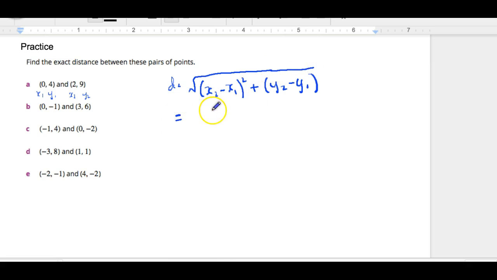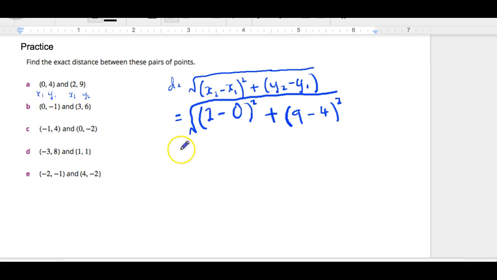So x2 is 2, x1 is 0, and then we square them. y2 is 9, and y1 is 4, squared, and then we do a big square root sign. So 2 squared, and 9 minus 4 is 5, so 5 squared.